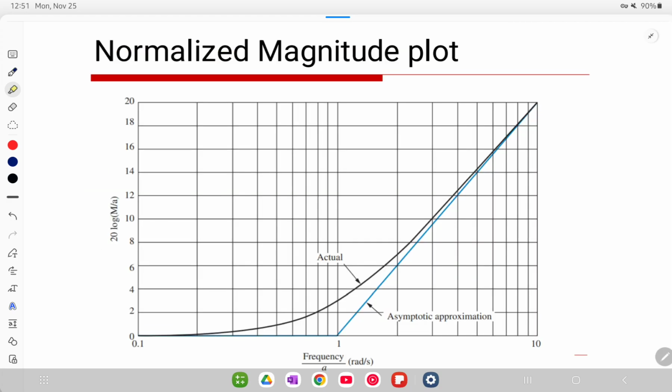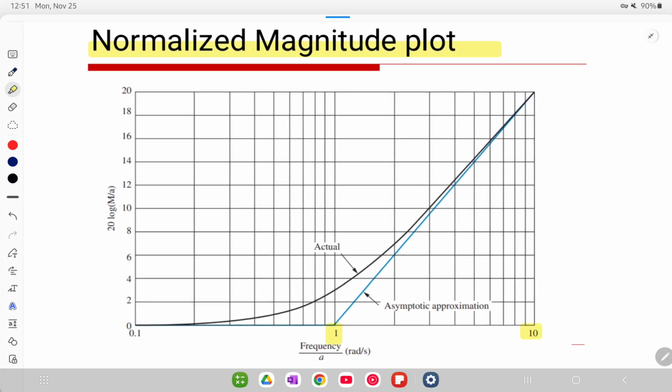So there is something called a normalized magnitude plot. Look at this one: it's not frequency at 1 hertz or 10 hertz. The way it is calculated, it's a frequency divided by a rad per second. So it's normalized in a way. It's ω over a.